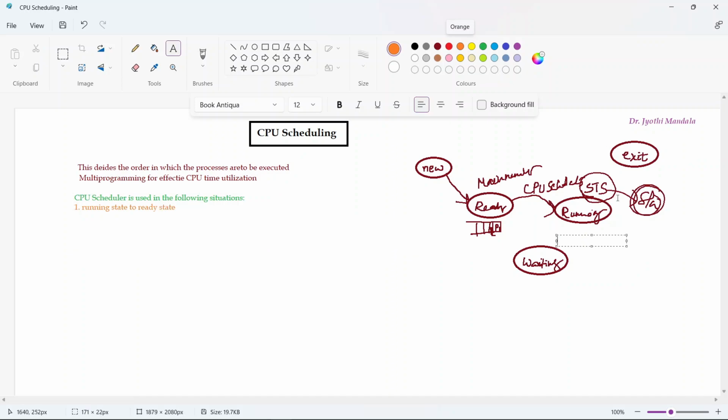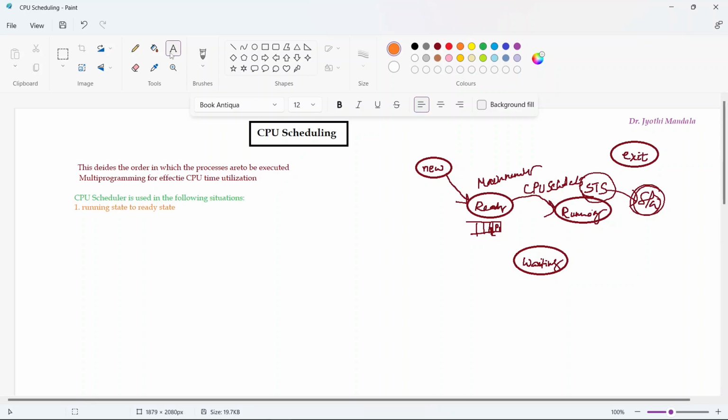Can you see? Whenever we want to switch from the ready state to the running state, or from the running state to the ready state. Next one.